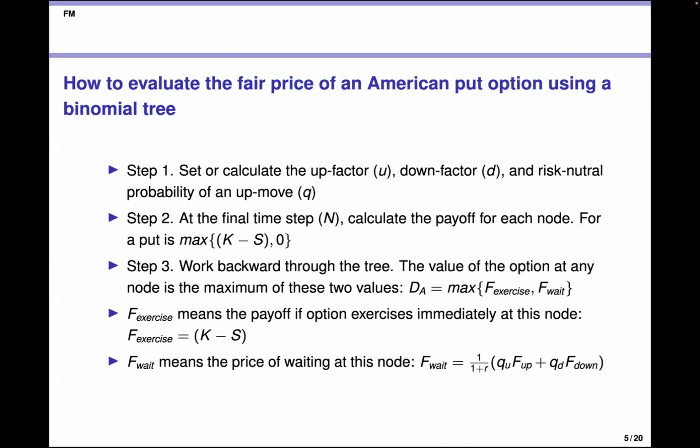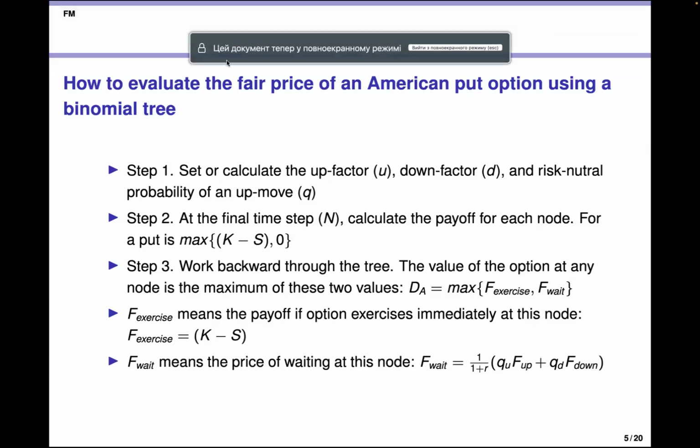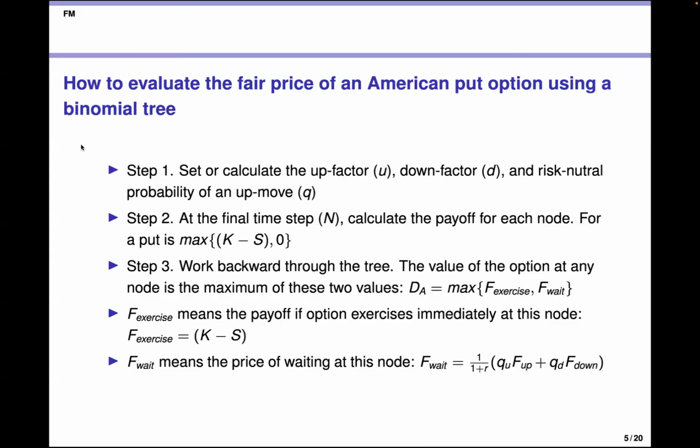For this construction, we need to know the initial price S0, and for constructing the binomial tree, you need to know the up factor u and the down factor d, and the risk neutral measure.